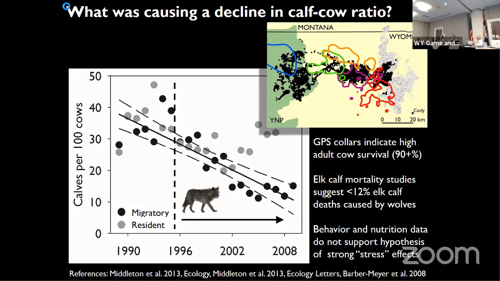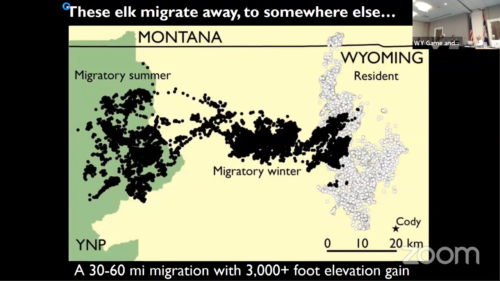And so we couldn't really explain the magnitude of this decline with the most obvious factor that people were interested in at that time. To help understand why, we need to think not just about its winter, but the year in the life of this herd.